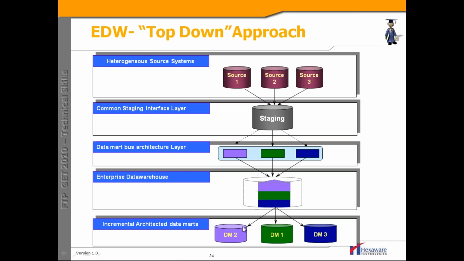As I said, a data mart is a mini data warehouse, or for every subject area you create a separate data mart. So in this approach, first he creates the enterprise data warehouse which will include all the subject areas, and then based on the requirement they start creating the data marts for each department.